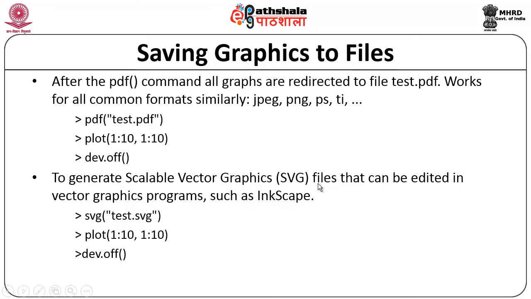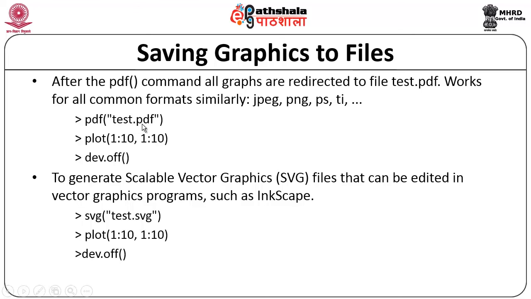For this, how you should type and execute the command is, first you should tell in what particular file you want to save the output. If you want to save it in the form of PDF, then call the PDF method, and the argument to the PDF method is going to be the file name. Here in this scenario we have a file named test.pdf.